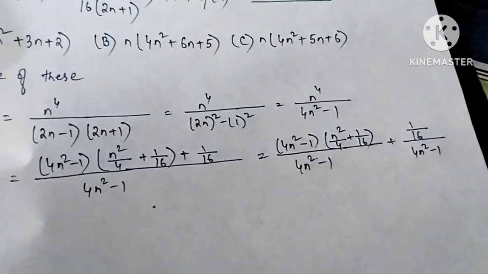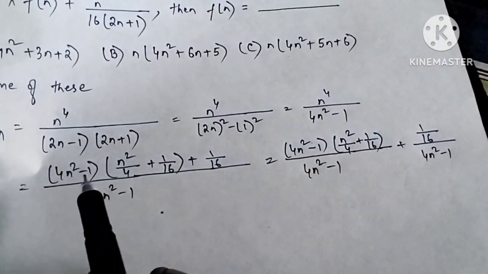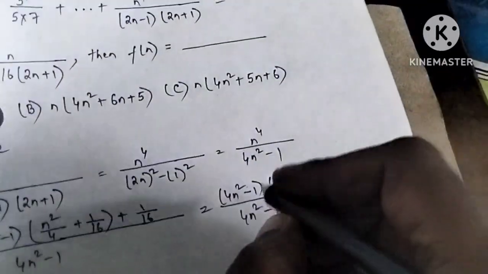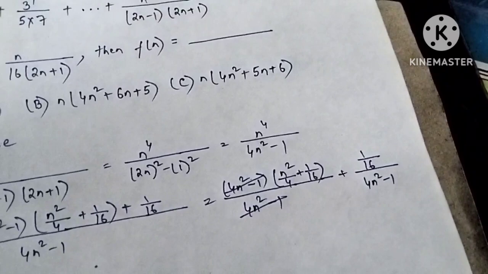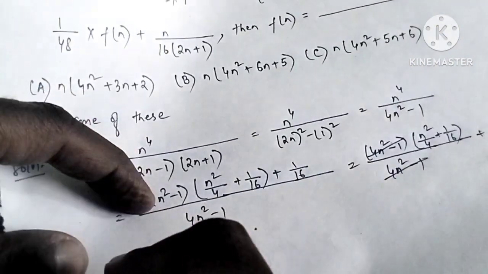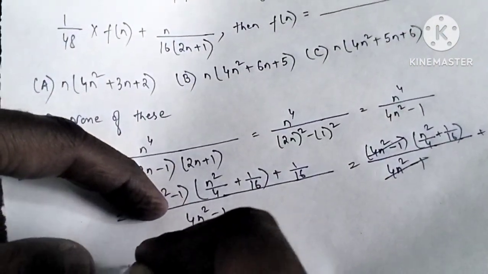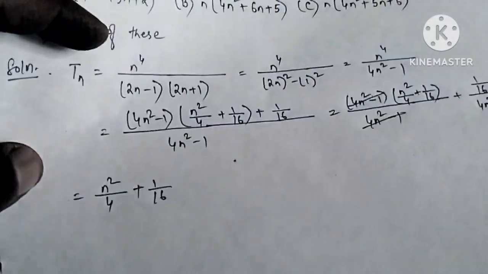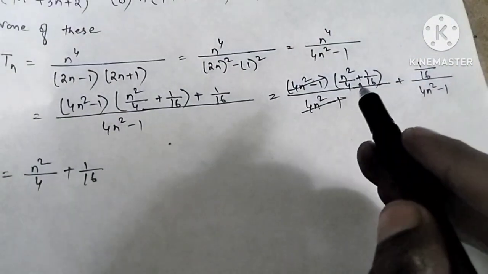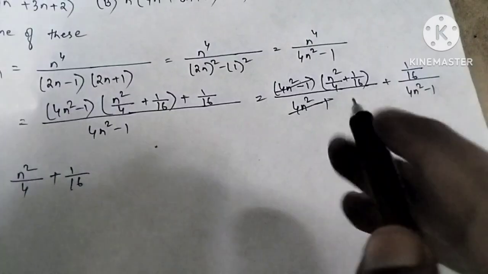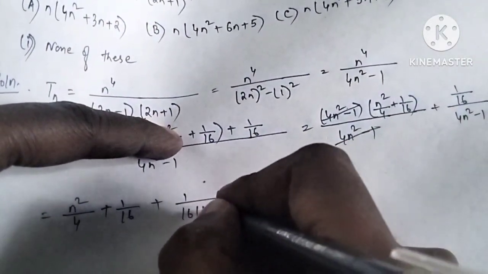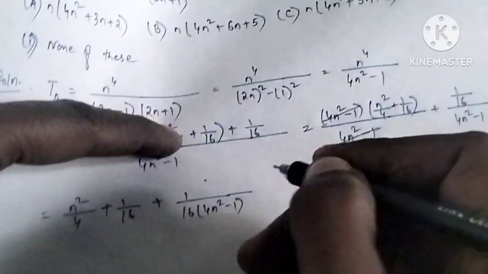So if you divide this, it will be this by this plus this by this. Here you see this and this will cancel each other. So it will be n square by 4 plus 1 by 16 plus 1 by 16 into 4n square minus 1.